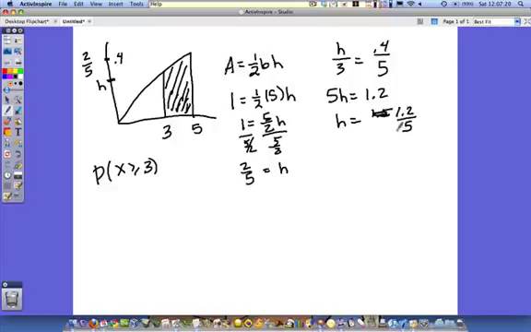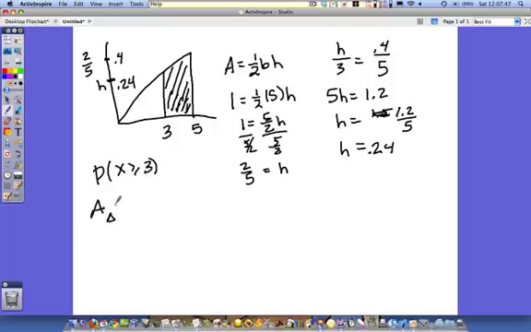1.2 divided by 5. And so if you figure out what 1.2 divided by 5 is, I'll get my calculator here, figure it out real quick. 1.2 divided by 5 is 0.24. So this height is 0.24. If it's 0.24, now we can figure out what the area of this triangle is.